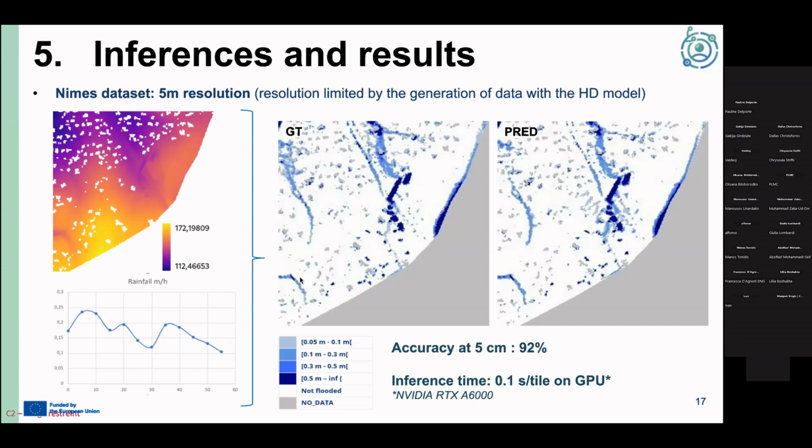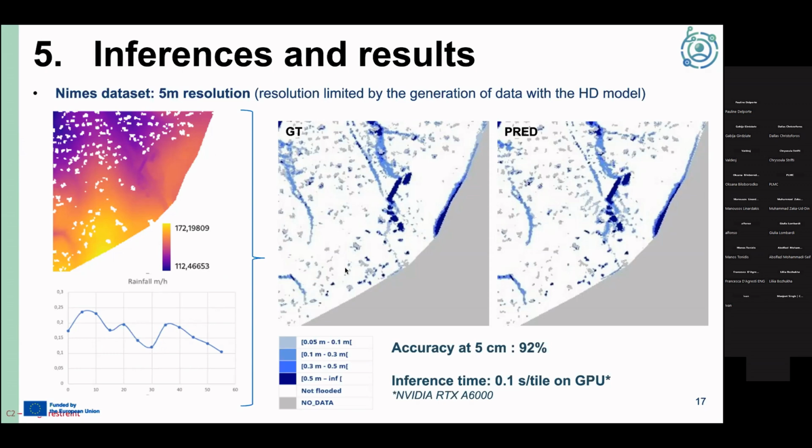Maybe it will come. As you can see on the left, we have our input. This is the DEM, and the small squares in white are the buildings. Here are the boundaries of the catchments, the big white parts. And below it are our rainfall events in the hour.